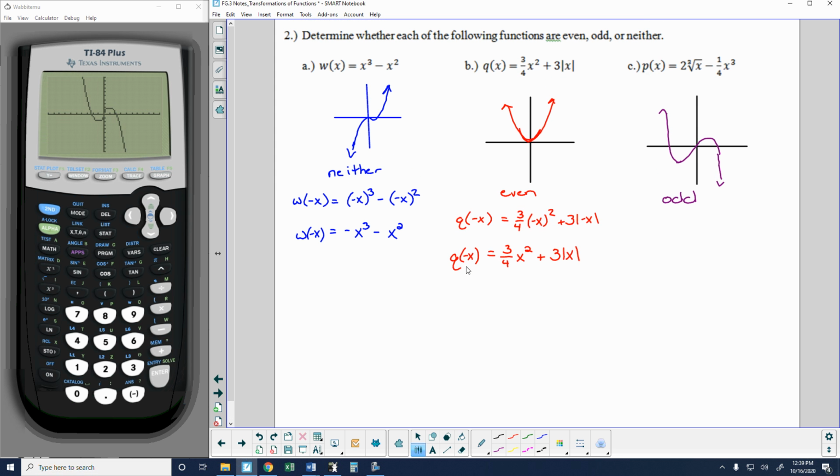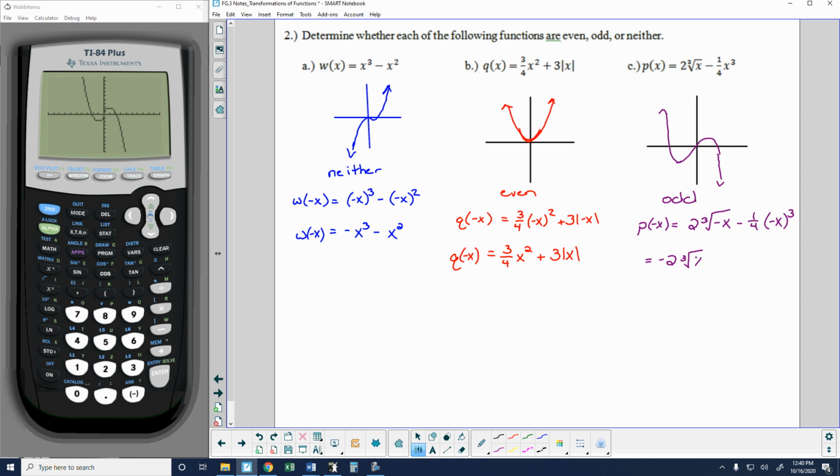Let's check that algebraically. So if I put in a negative value for x, I need to do that for each x, replace it with a negative x, and then simplify. And so the cubed root of a negative number, like the cubed root of -1, is going to be -1. So the cubed root of a negative number, this negative is going to come out in front.